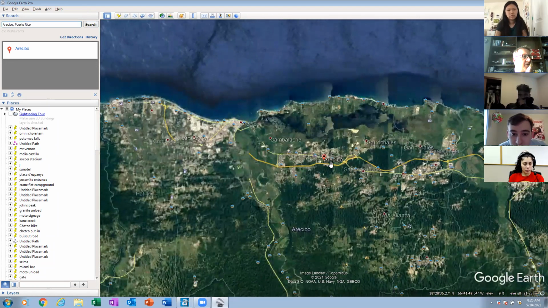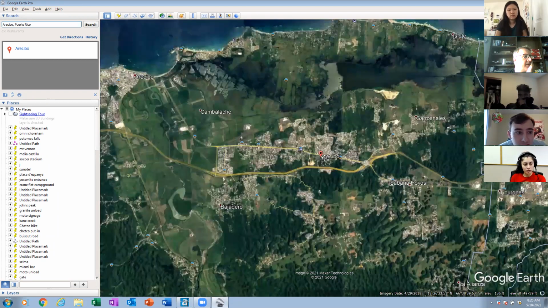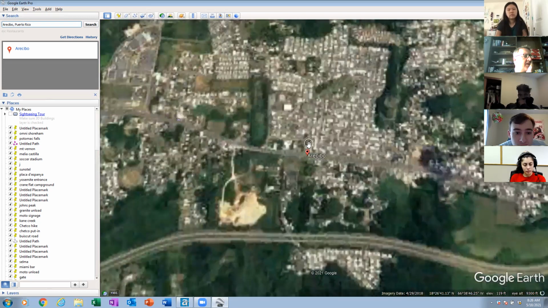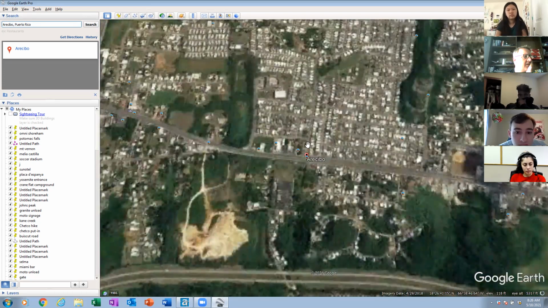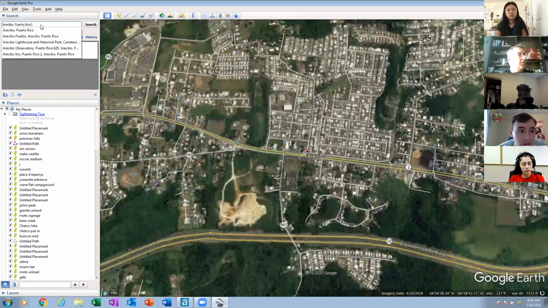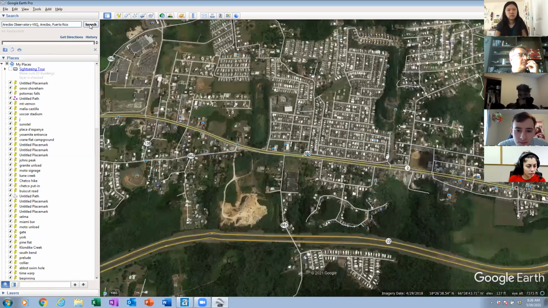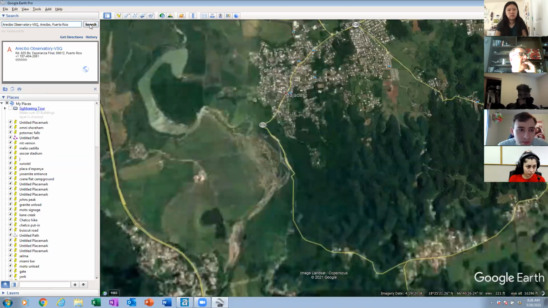Let's see, I hope Arecibo, I don't know if this is taking us to the town of Arecibo. It's not taking us to the right spot. Arecibo Observatory. Let's try that. Oh, a little out of town. Okay.